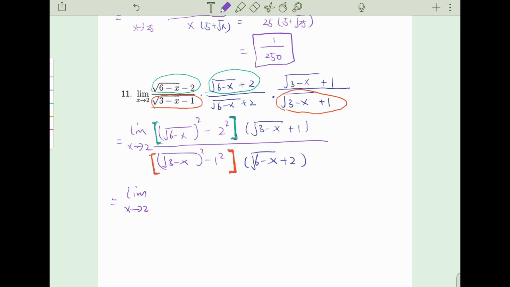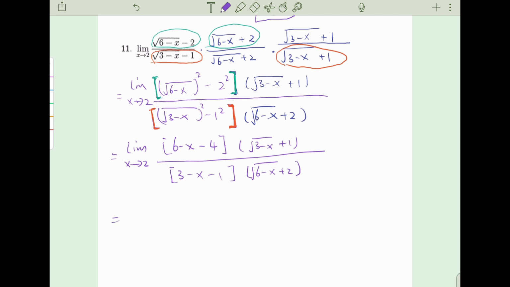So 6 minus x, right, minus 4 multiply with 3 minus x square bracket plus 1. This is 3 minus x minus 1, 6 minus x plus 2.